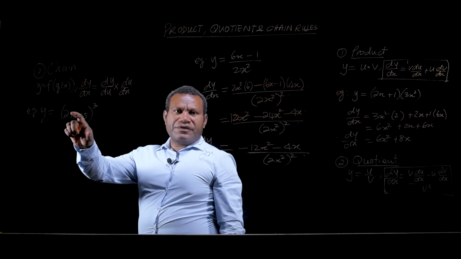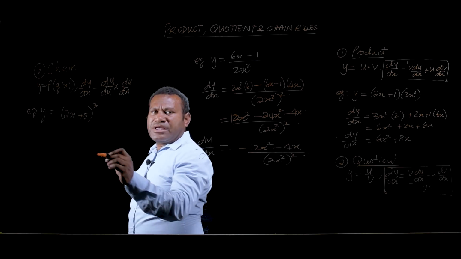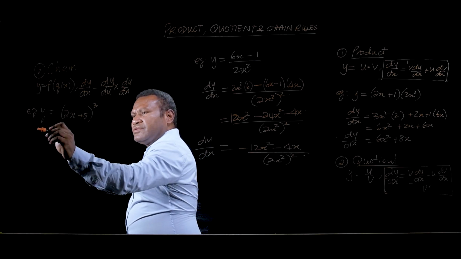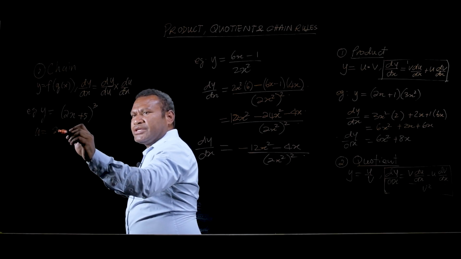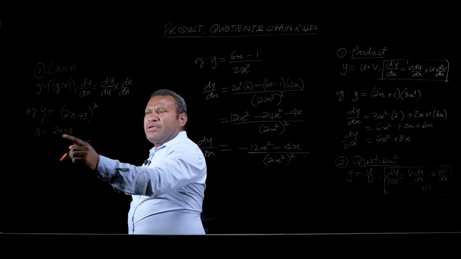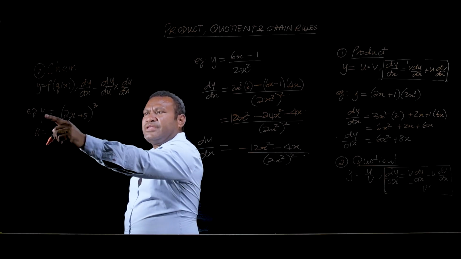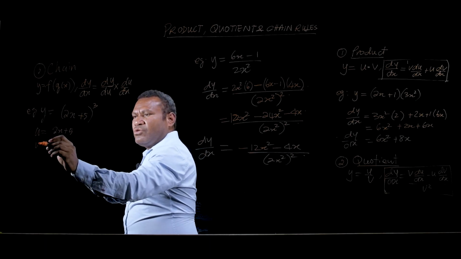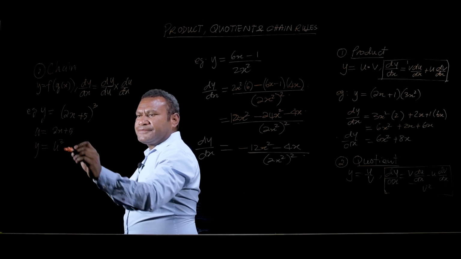So in order to differentiate this function, we will firstly let the function that is within the bracket equal u, let u is equal to 2x plus 5. If we let u is equal to 2x plus 5, then the function here becomes y is equal to u raised to the power of 3.